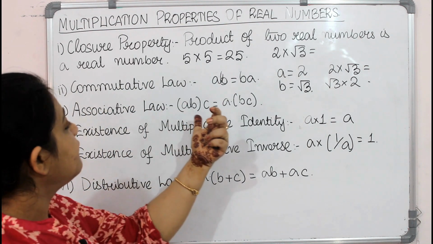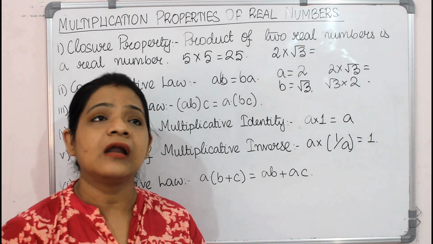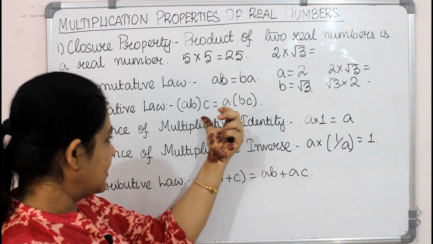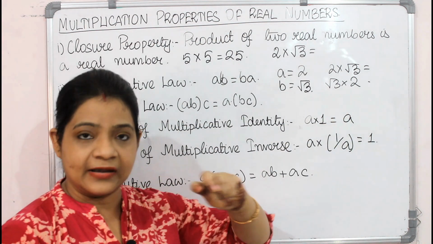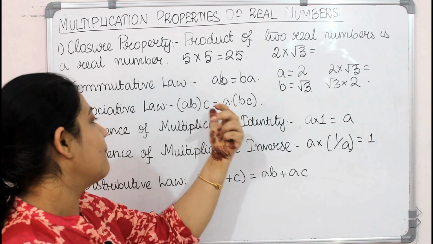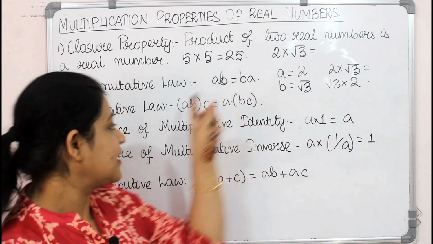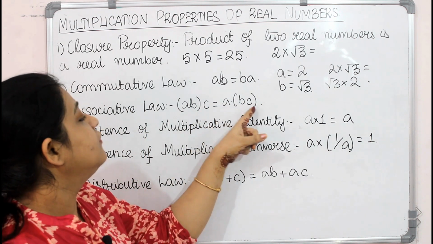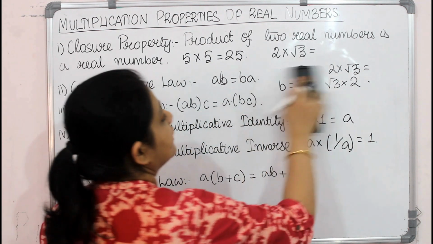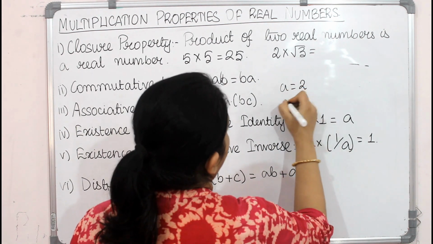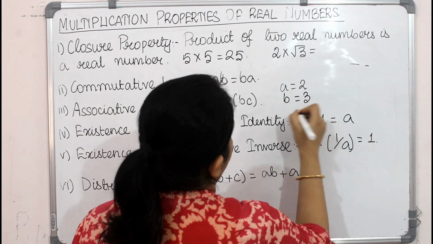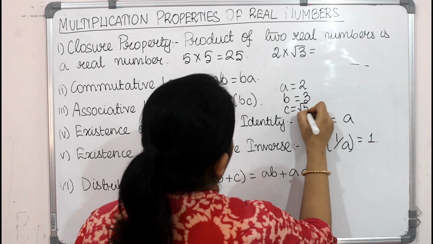Next is the associative law. Associative means you are multiplying another number with the existing numbers, like (AB) into C equals A into (BC). For this, let me take the example A equal to 2, B equal to 3 and C equal to root 5.